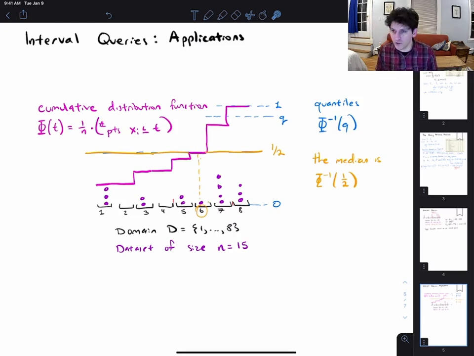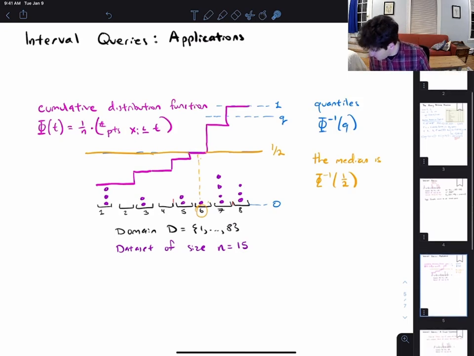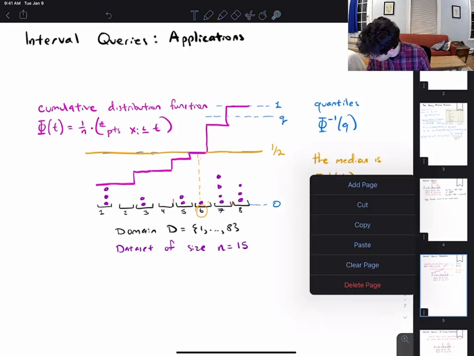So it's a useful way of summarizing data where everyone is represented by a real number or an integer, so data on a line. Okay, so this is a useful thing to do. And it's, of course, an instance of the query release problem. So first of all, let me go back to defining the problem.